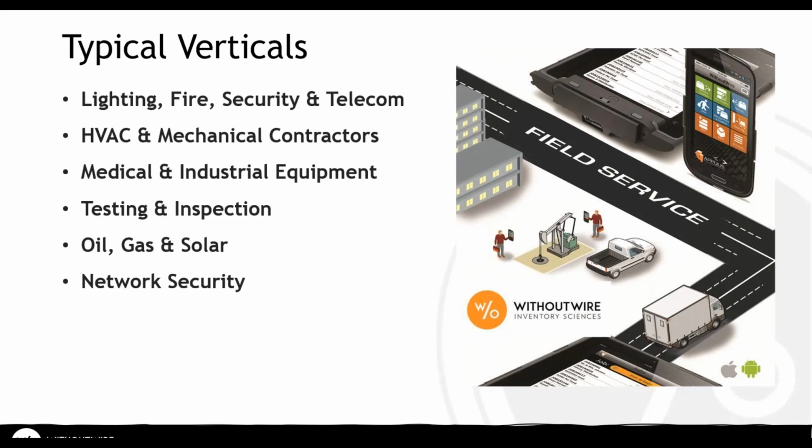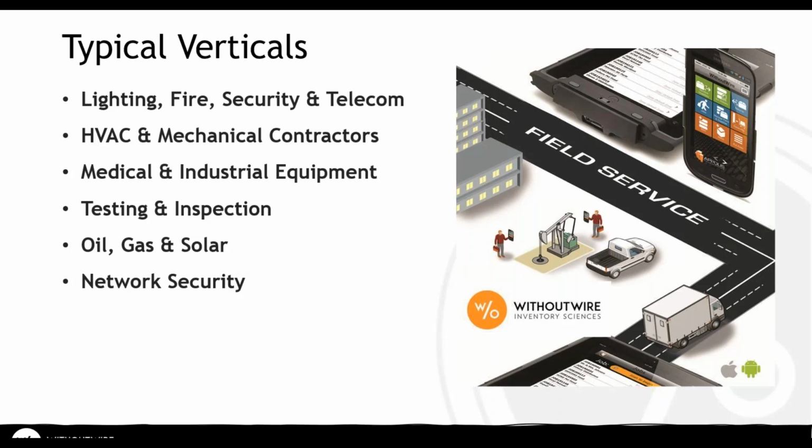In terms of field service, this is pretty unique for WithoutWire, and I wanted to spend one slide on this, where we're really complementary to both Dynamics 365 Business Central and perhaps a CRM field service solution from Microsoft as well. Think of a three-legged stool where WithoutWire does the mobile barcode inventory movement traceability so that we can track, for a variety of industries, that technician, that truck, that mobile warehouse on wheels, and complete jobs, work orders, and service tickets.